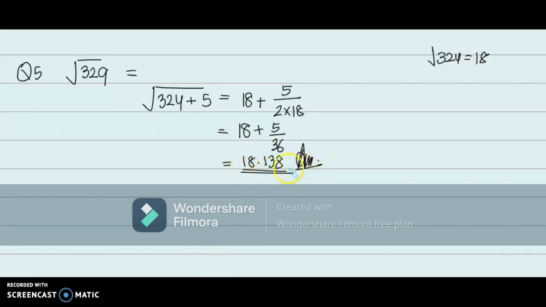So this is a very useful trick, and with little practice, it will hardly take you 5 seconds to find the square root of non-perfect square numbers, the numbers which are not a perfect square. Let us take a look at the next example.